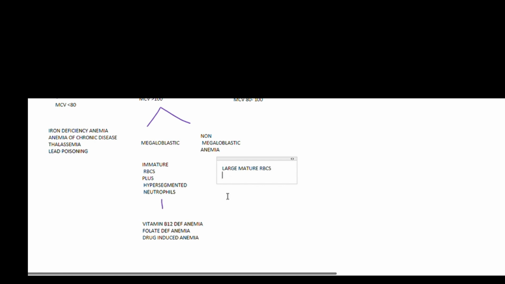And the types of anemia included here are pregnancy-induced anemia, alcohol-induced anemia, and hypothyroidism.